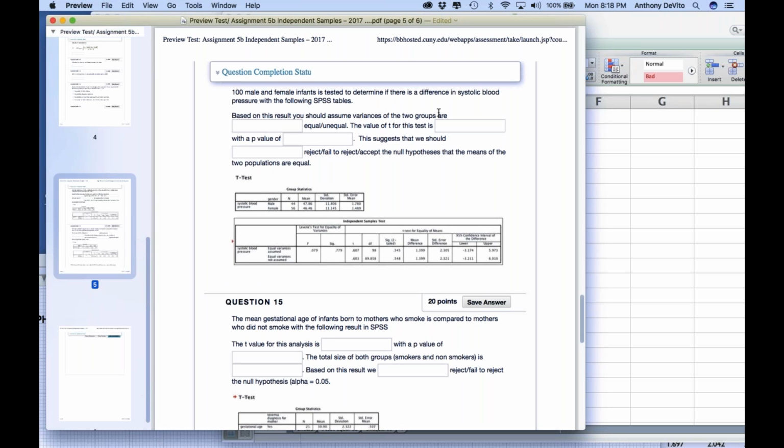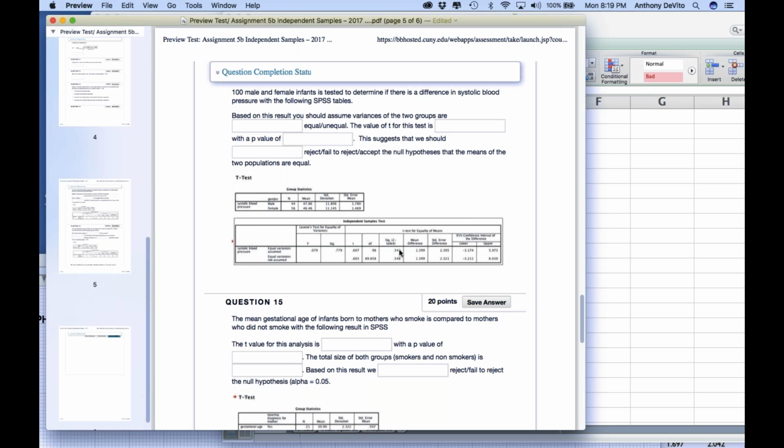0.607. Based on this result, are they equal or unequal variances? Well, because the significance for this test of equality of variance is bigger than 0.05, we say they're equal variances. We stay with the top line. The t-value for this test is 0.6 something, which is a small value, with a p-value of 0.545.